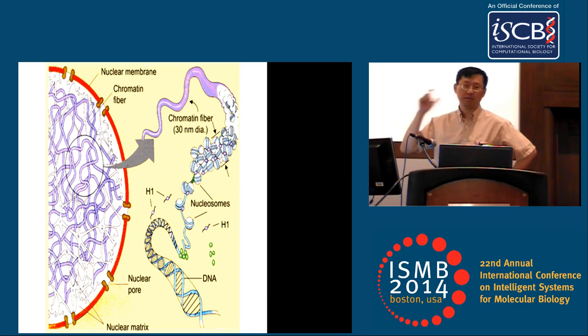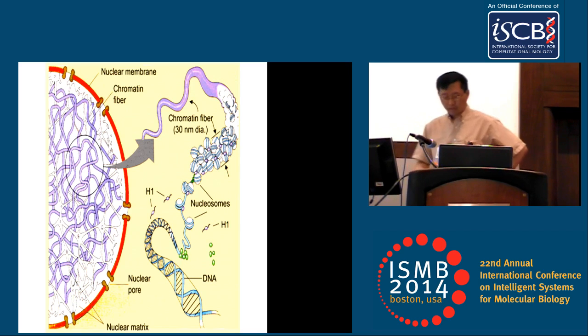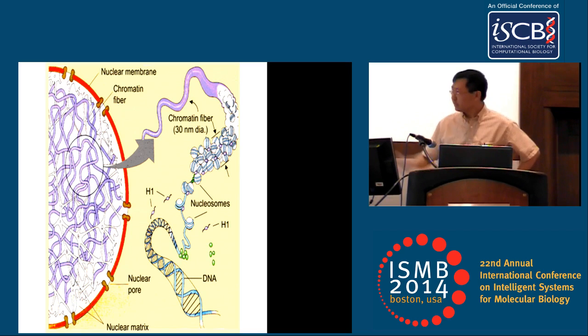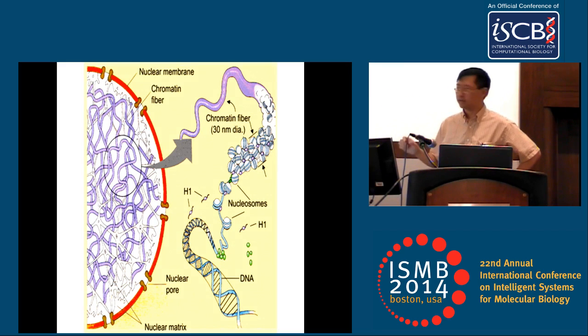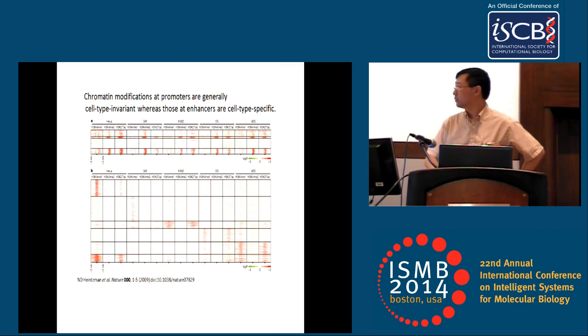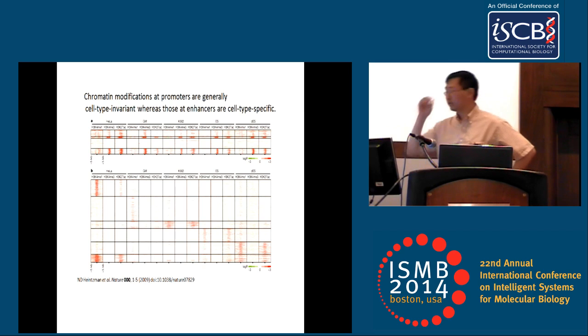By looking at the peaks in one condition, there's very little information you can get out of that. What you really have to think about is the dynamic change of these patterns from cell type to cell type, because that's what's really driving the cell type specific gene regulation.